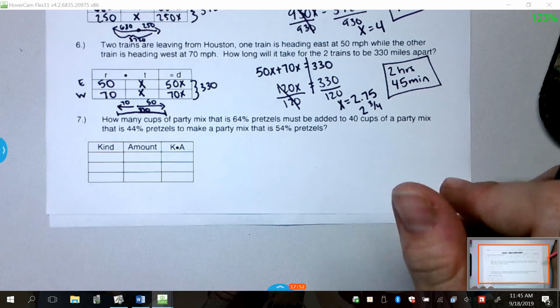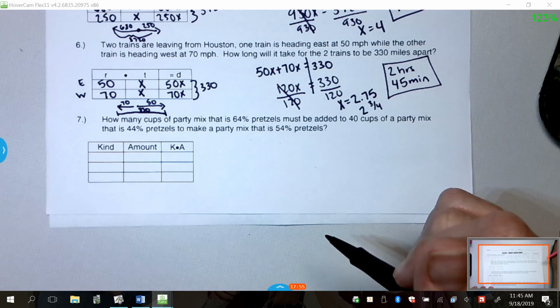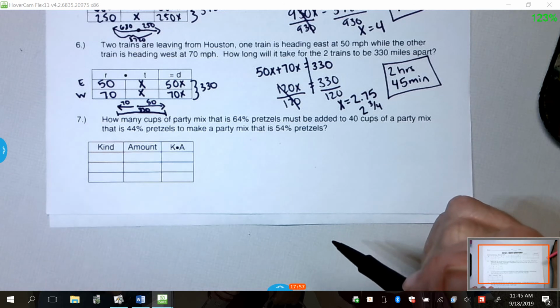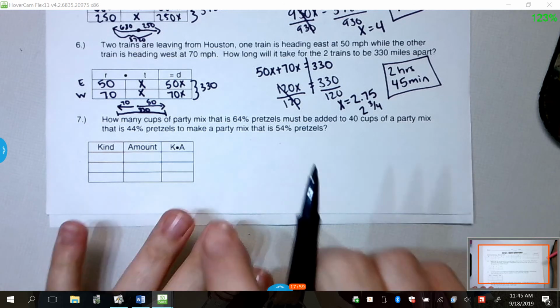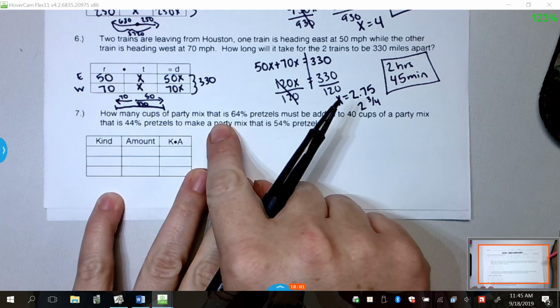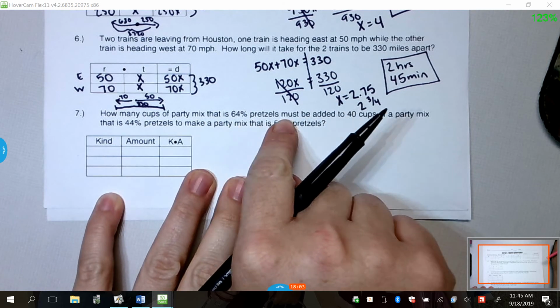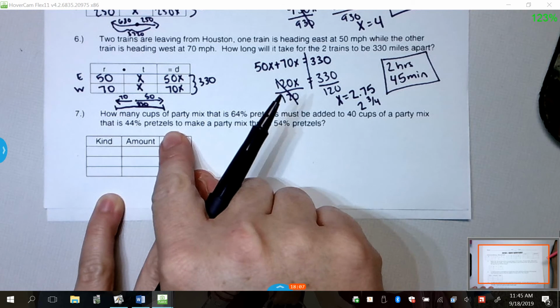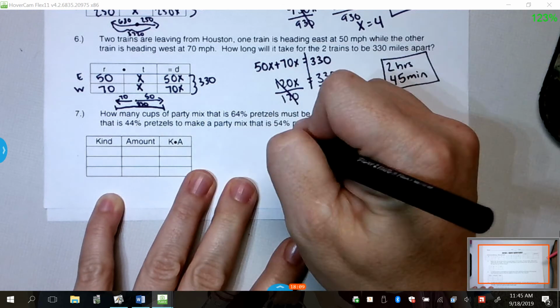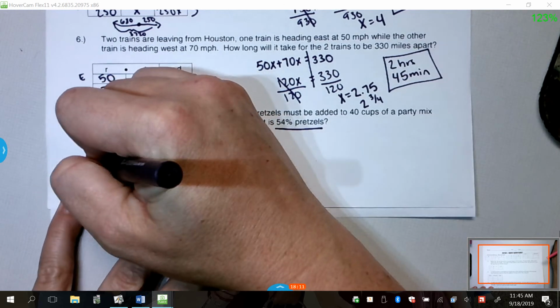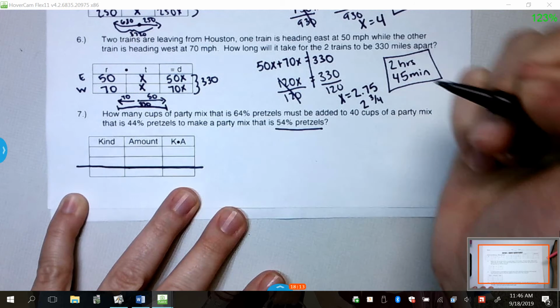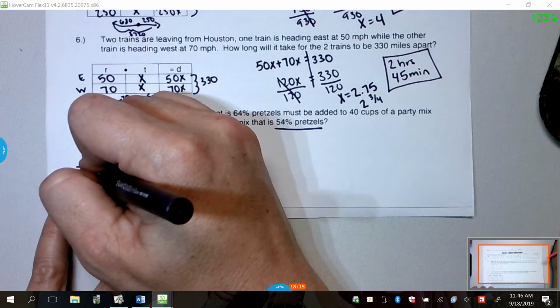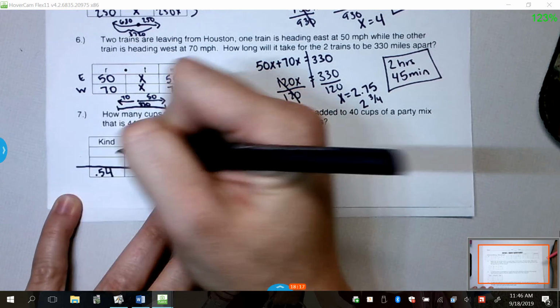Okay. This one gets confusing because it's wordy. So I want you to just be careful. Okay, how many cups of party mix, that is 64% pretzels, must be added to 40 cups of party mix, that's 44% pretzels, to make, this is what we're making, this is what we want, a 54% pretzel mix. So 0.54 is what we want.